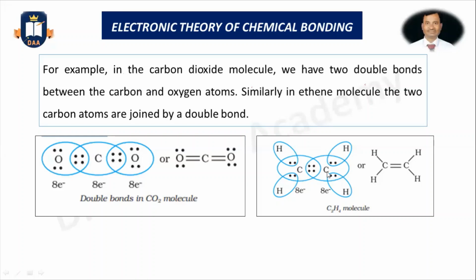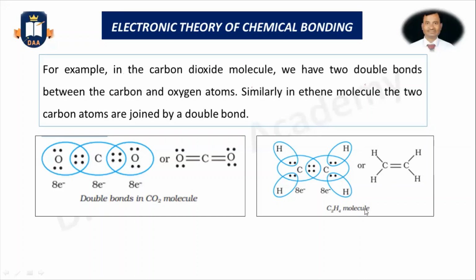But when the right side carbon atom forms the bond, it is formed by 2 electron pairs. So the carbons will form the double bond between them. And the right side also in the same way. So ultimately the figure you have seen on the right side can be written like this.